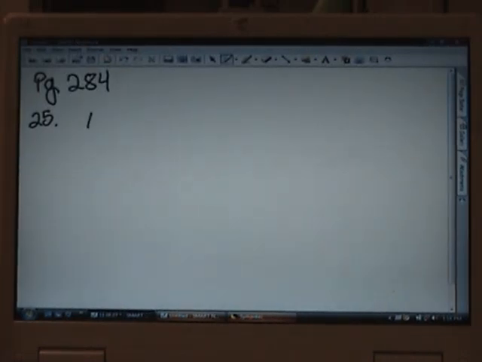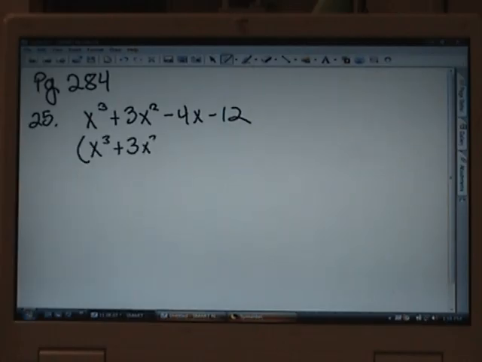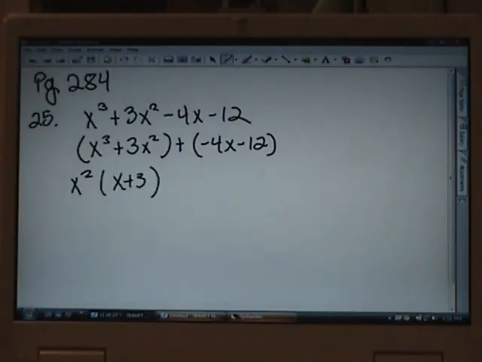25. x to the third plus 3x squared minus 4x minus 12. x to the third plus 3x squared plus negative 4x negative 12. x squared times (x plus 3) plus negative 4 times (x plus 3). x squared minus 4, what should I think immediately?